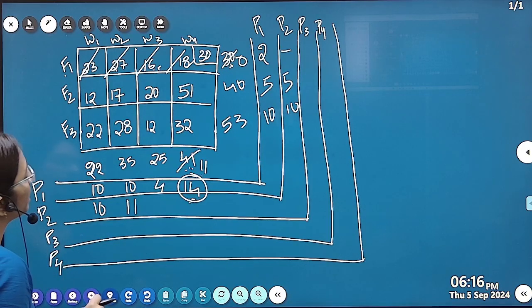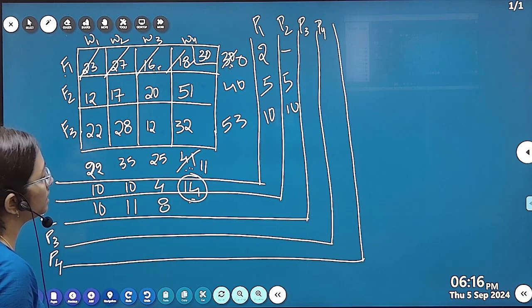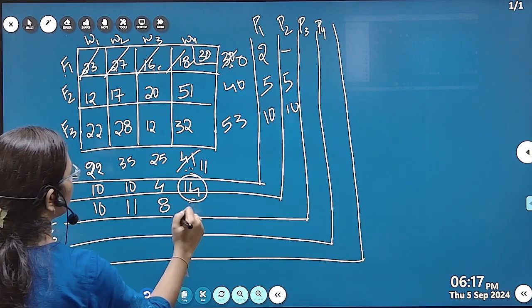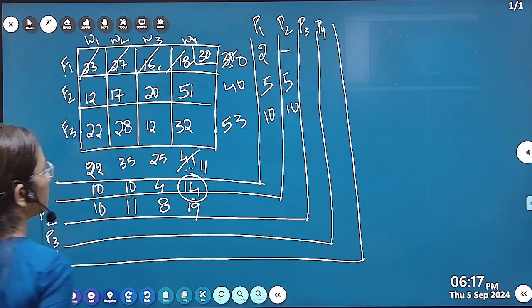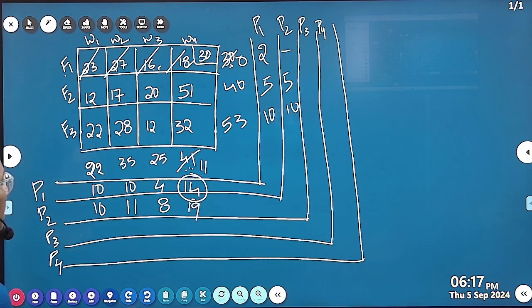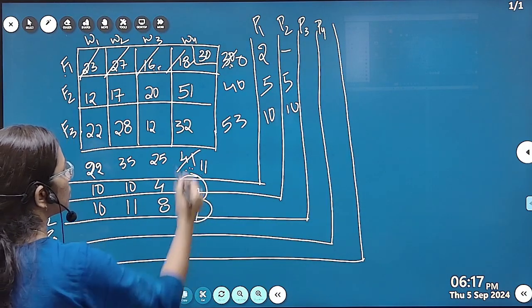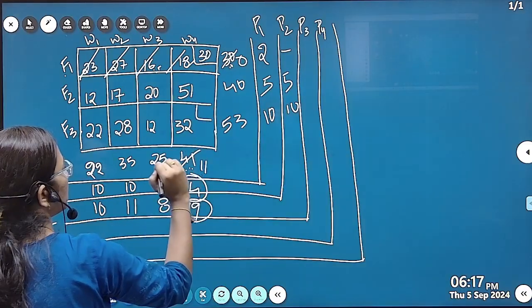Next 12 minus 28, next 51 minus 32, how much? 20. No, not 20. 19. Yes, 19. So which one is a higher number? Next, this one only, 19. So which one is the least number among the 51 and 32? 32 is the least number.